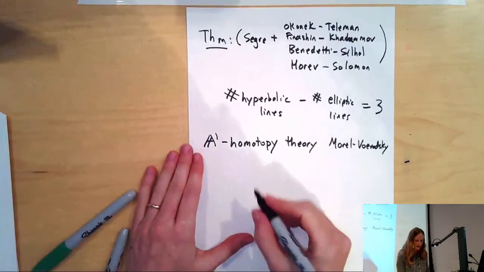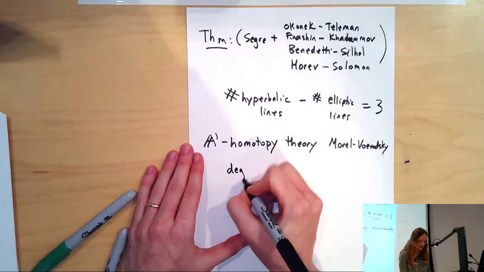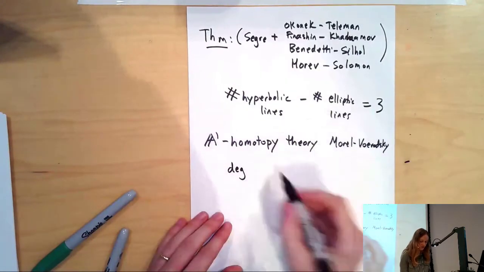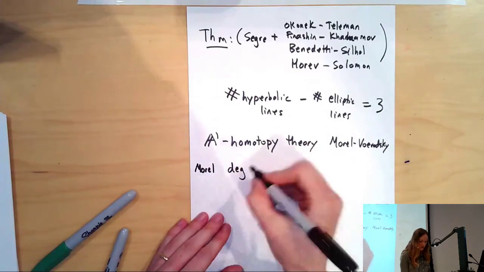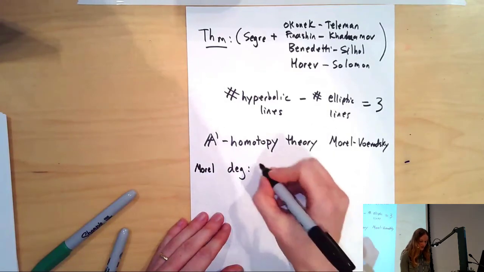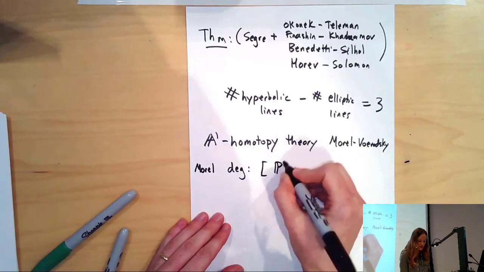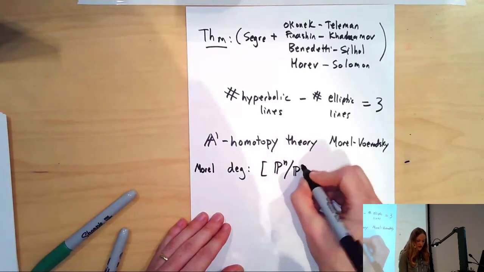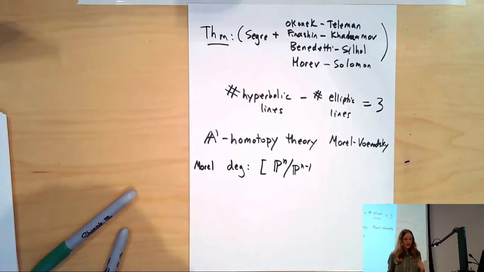And one of the beautiful results in 𝔸1 homotopy theory is a degree homomorphism of Morel. So we're going to have spheres that are the quotient of Pn over Pn minus 1. If you build projective space from smaller projective spaces, you add a single cell.